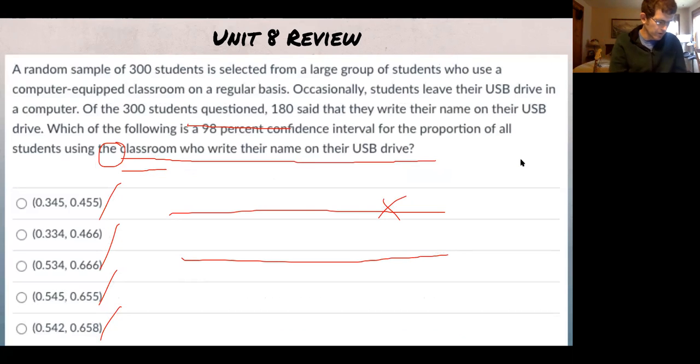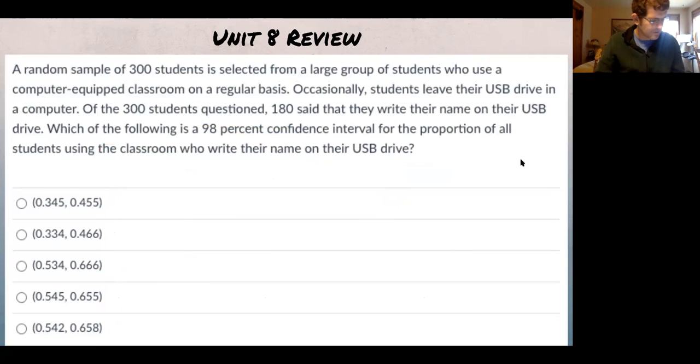All right, this is the last one we're going to look at for Unit 8. We've got a random sample. They basically want us to find the confidence interval. So to do this, we first of all need to establish, is this means or proportions? And it does say proportion right there. But even if it didn't, we can see there's 300 students and 180 said they do. So it counts, and we could get a proportion.